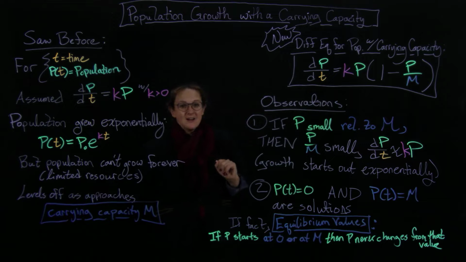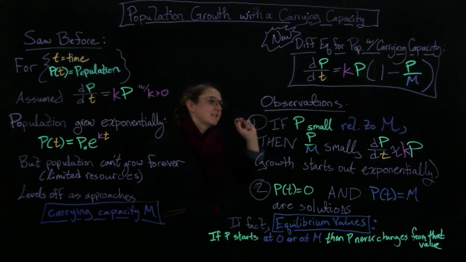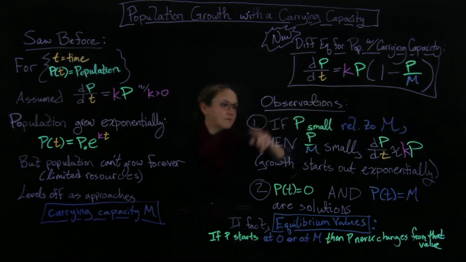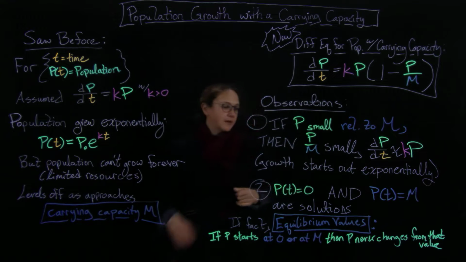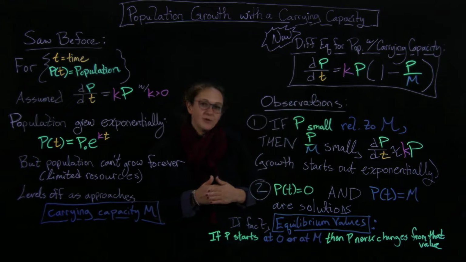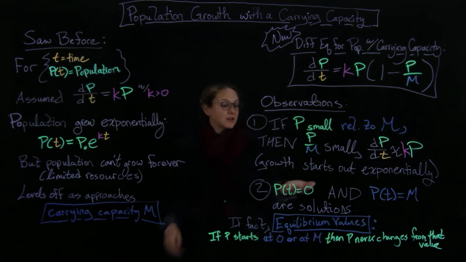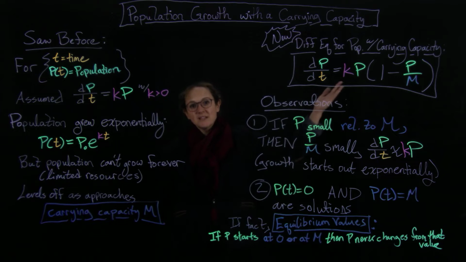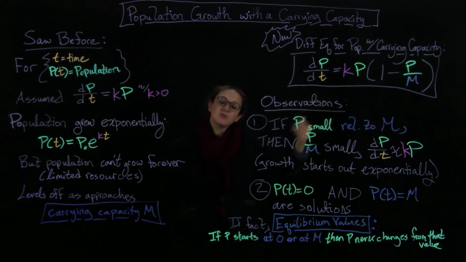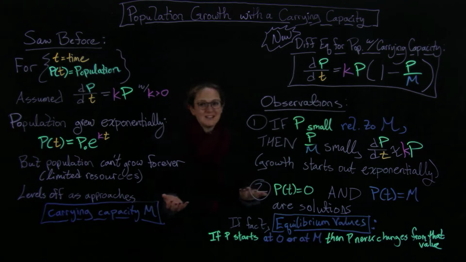Okay. And initially it does start out like it's growing exponentially, but it's going to approach the equilibrium value. So if you started out with no population, that would actually be a solution, right? We get 0 on both sides. It's a solution. But on the other hand, you never would grow anywhere.